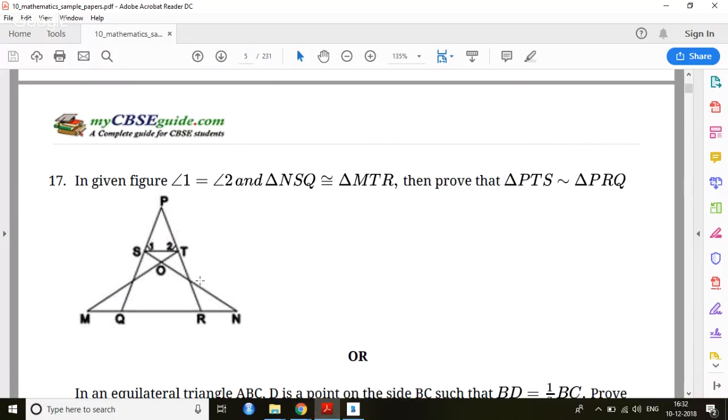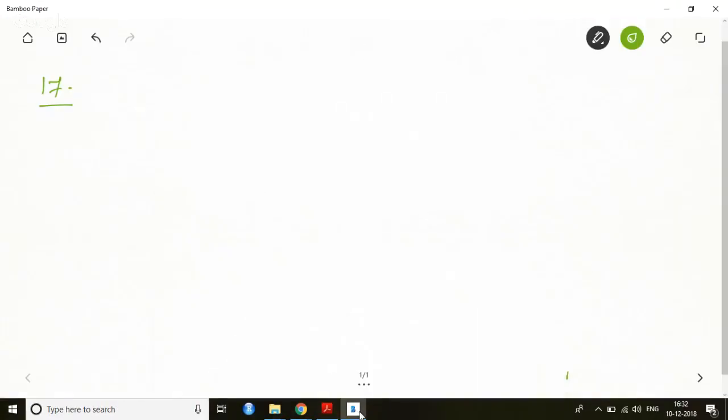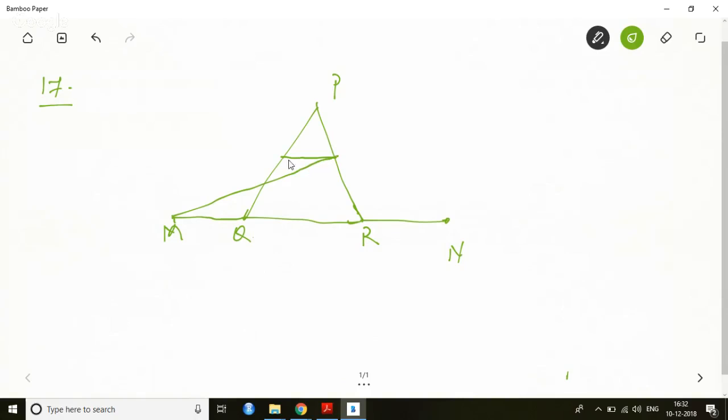So PQR, and then I have angle 1 is equal to angle 2, and then I have ST, MR, NM. So I have something like this. This is P, this is Q, this is R, and on the same line, this was M perhaps, yes, M, and this is N. And there was a line here, and this was connected to this, and this was connected to this.